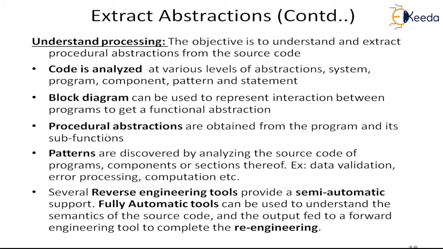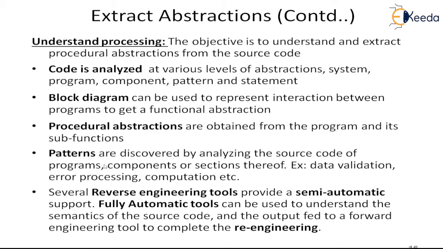You can do procedural abstraction, that means within the program module, how the algorithm runs, obtained from the program and its sub functions, how they are actually writing the procedure of the function, how they have realized it.